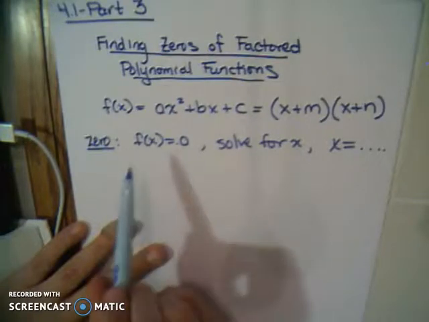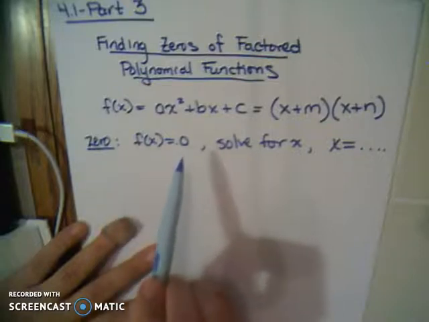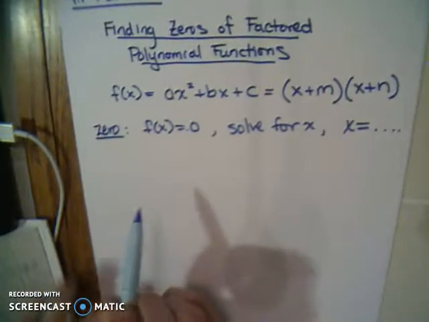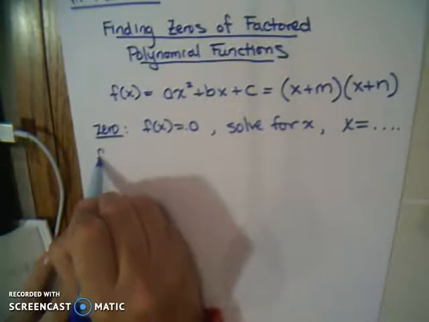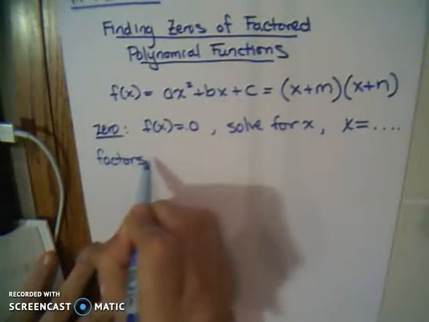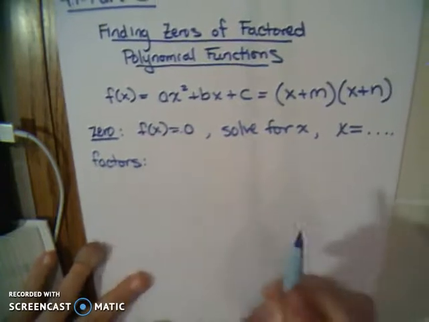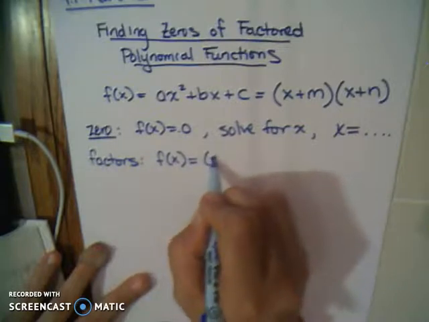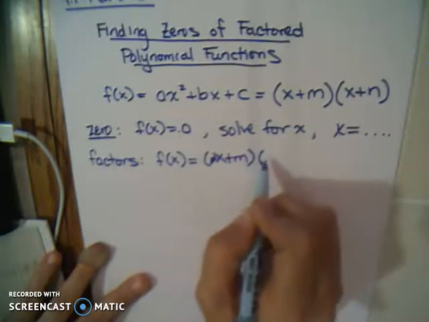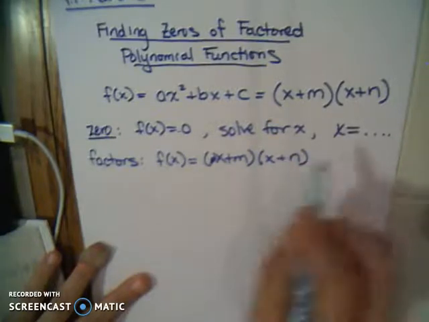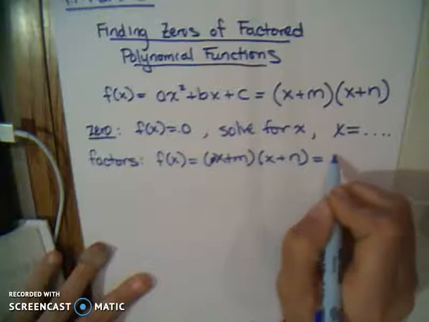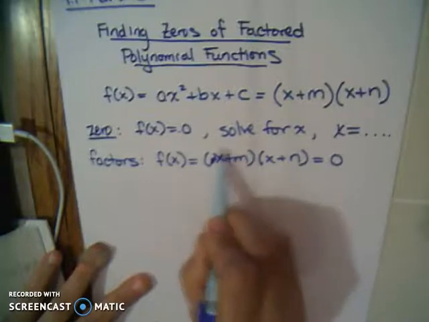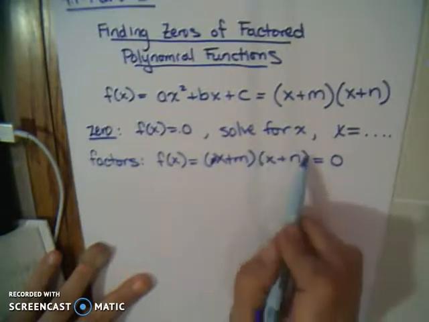Now, for most people, the solving is the hardest part, but there are other ways to do this. Another way that we could do this is by looking at the factors. So if I know f of x can be written as x plus m times x plus n, whatever will make this 0, since it's factored, what we're saying is this number times this number equals 0.